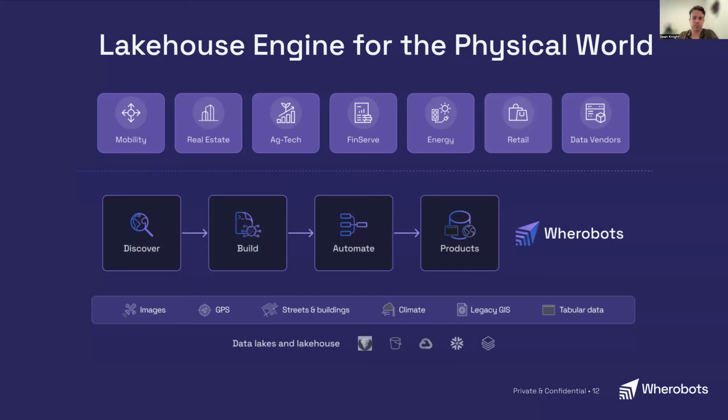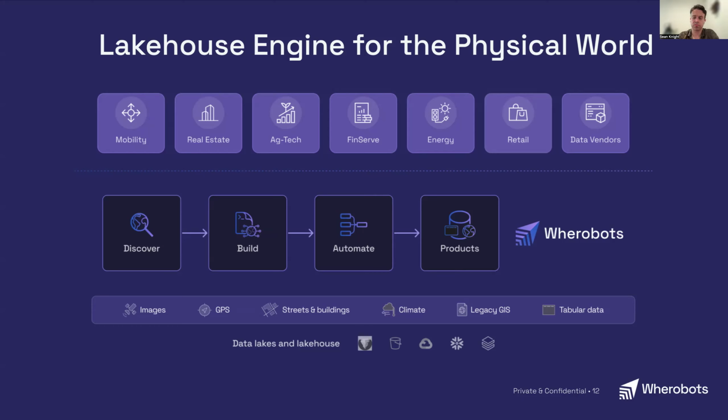You'd be able to take imagery or GPS data or streets and buildings, all these different data types, together with your business context data, your tabular data related to your organization, and then build these data products, discover what's going on with them, explore and understand them further, identify a core data product that would be useful for your users, automate those, and then produce these products very efficiently and quickly.